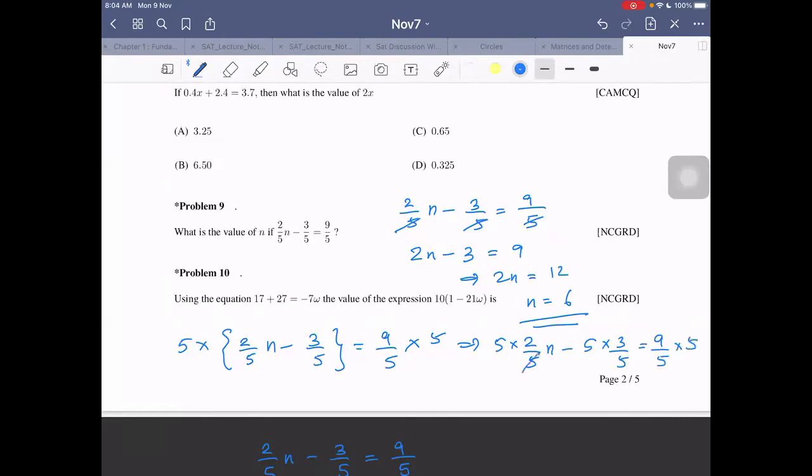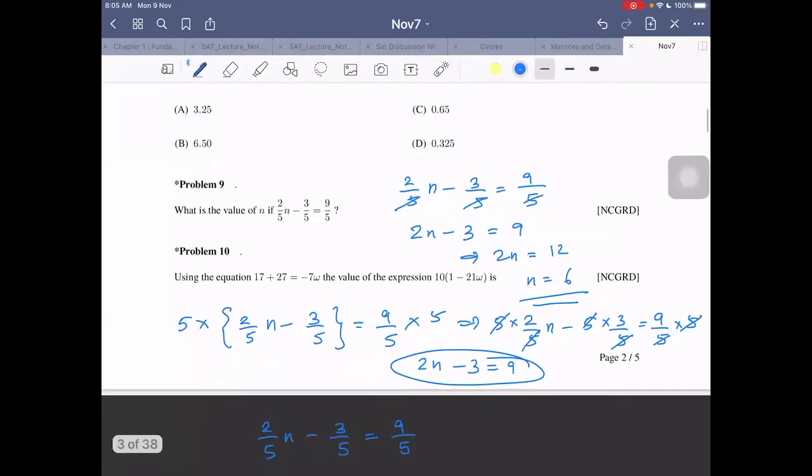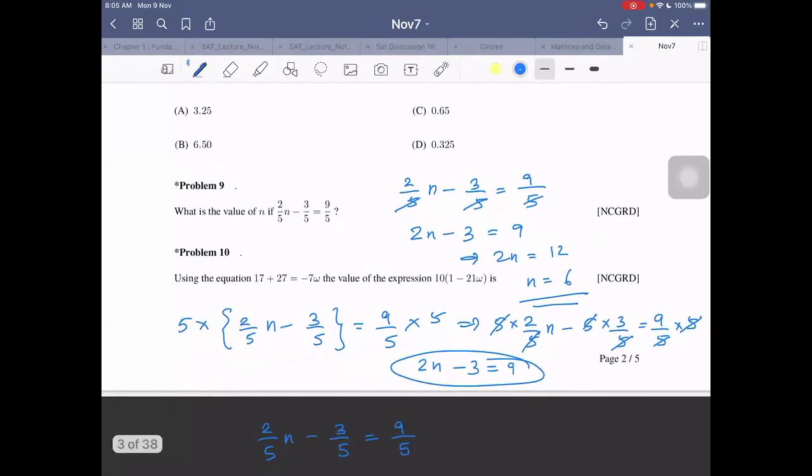So here 5 and 5 go away, 5 and 5 go away, 5 and 5 go away. So that is 2n minus 3 is equal to 9 again. Okay. So this is cool, right? I hope you worked this out before. Shall I go to the next question?